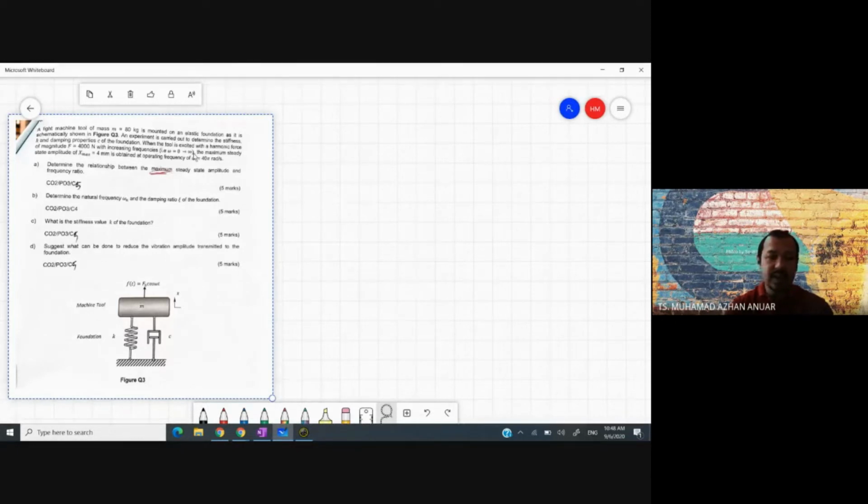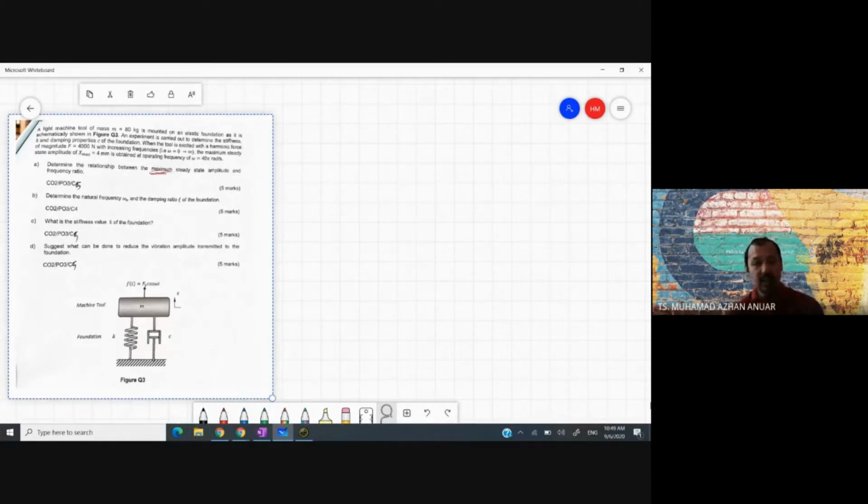If you can still imagine our plot for the magnification factor, we have a range of frequency ratio R from 0 to infinity, and you are given increasing frequency omega from 0 to infinity. The maximum steady state amplitude X max is equal to 4 millimeter, obtained at an operating frequency of omega equal to 40 pi radian per second. So this is given to you.